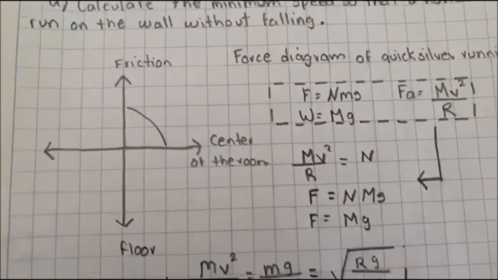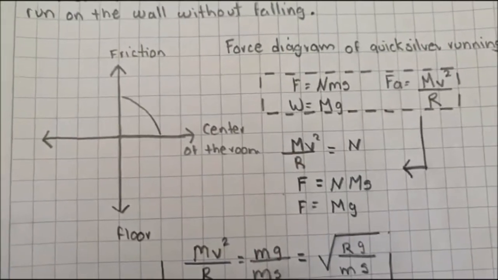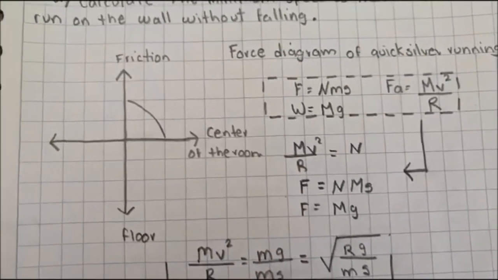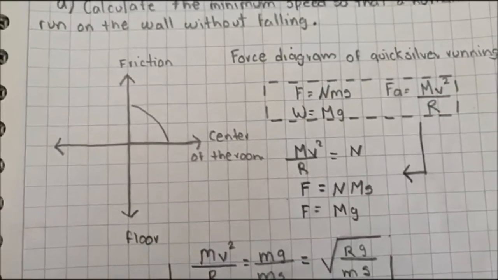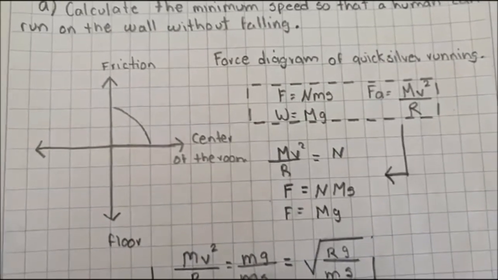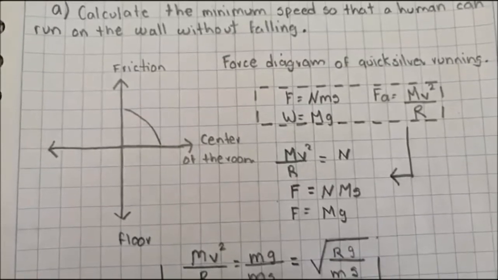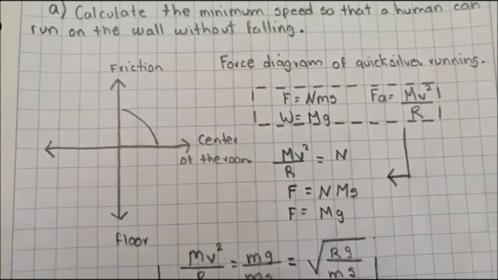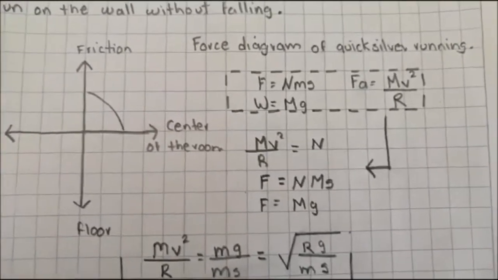So we made a force diagram in which the friction goes above, the floor goes below, and on the right is the room's center. Then we got the formula Fa equals m times v squared by r.